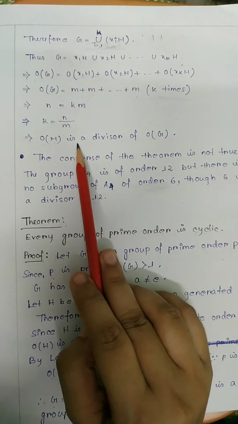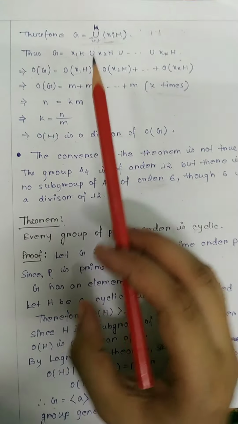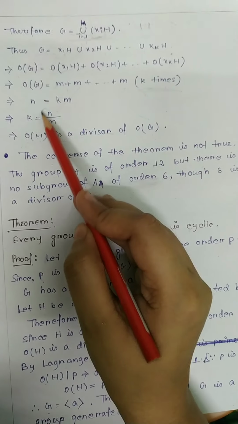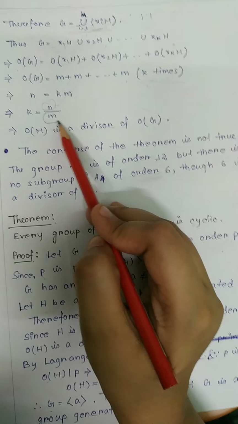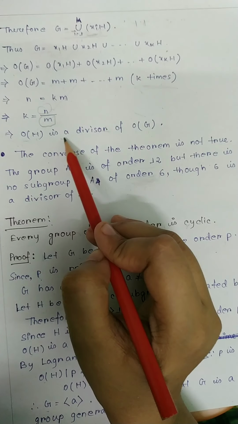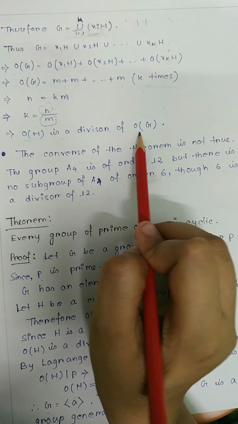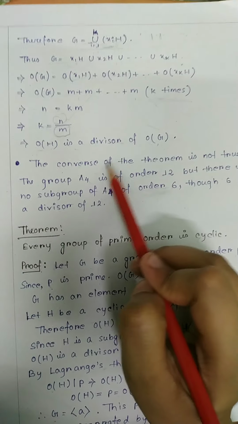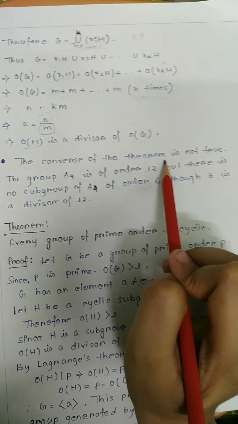The order of H is a divisor of the order of G. The converse of the theorem is not true.